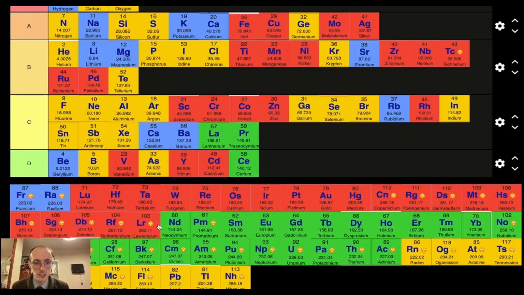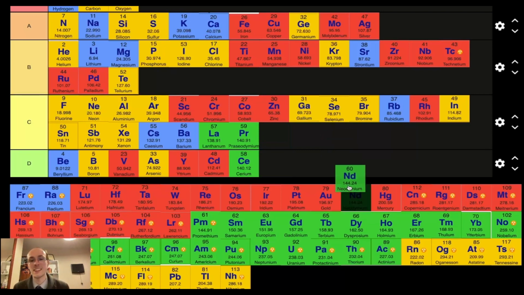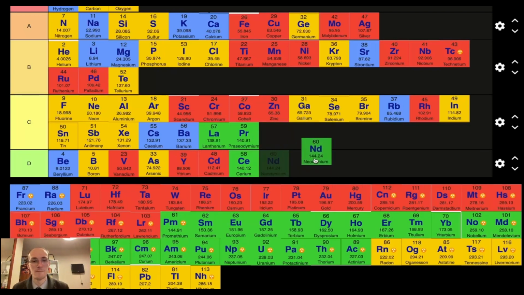Element number 60 is neodymium, which I now have to find on my sheets of paper. Here we go. It's another lanthanide. So these are these elements here. The first part of the F block are all lanthanides, and we've hardly had riveting facts on these elements before.